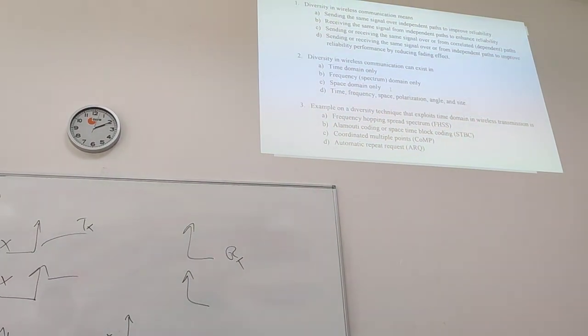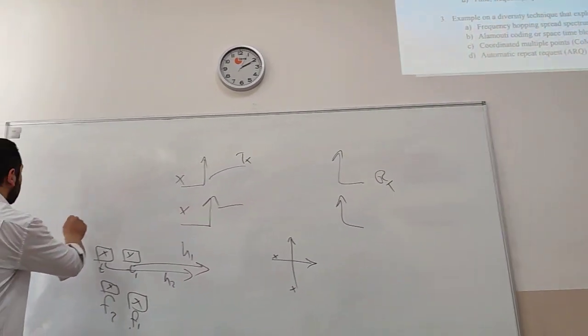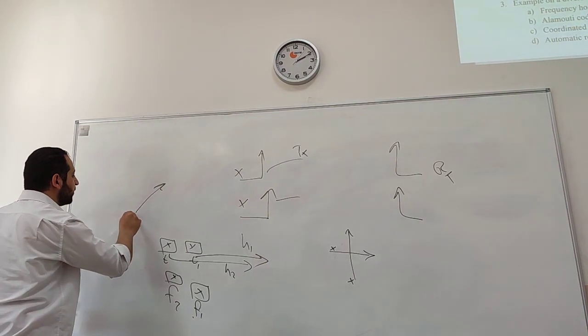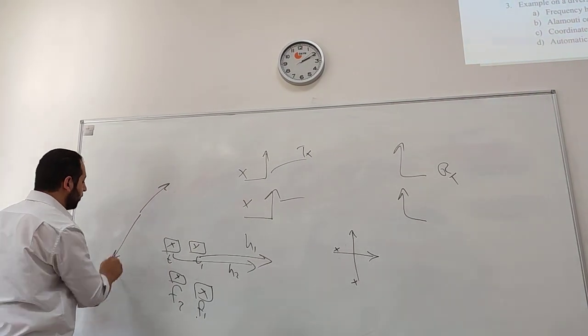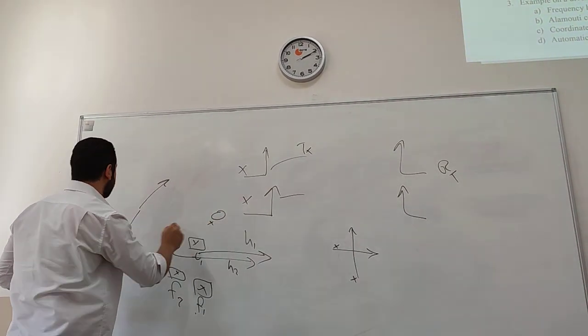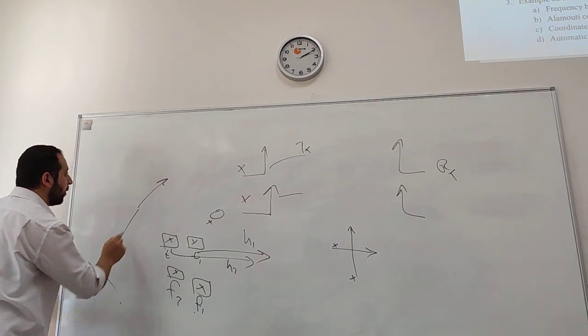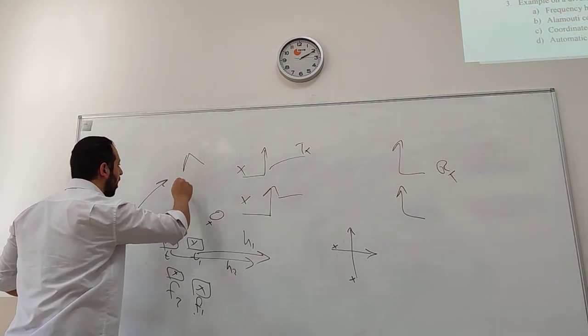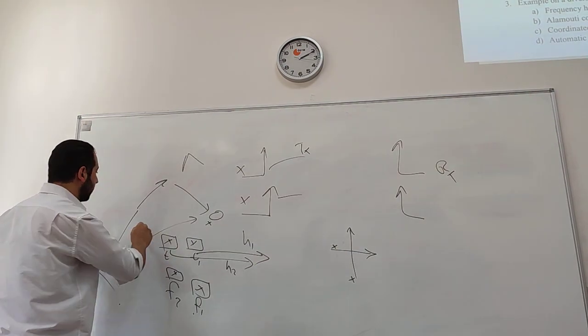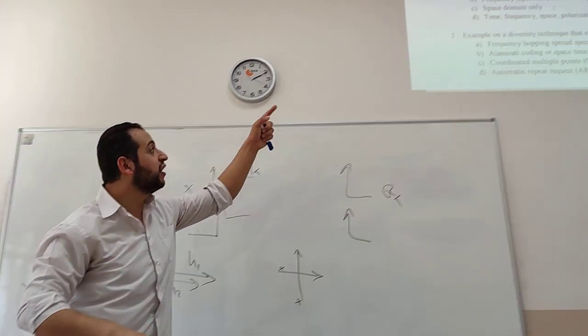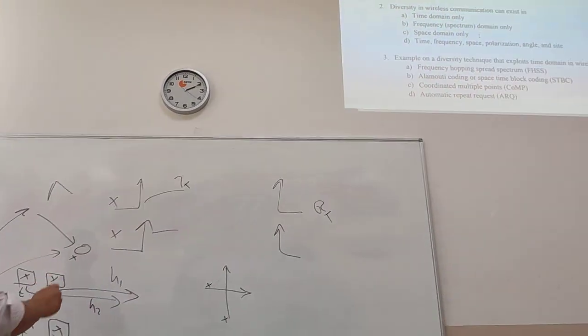And angle, you can send the same signal from this angle and the same signal from a different angle, and due to reflection, they can reach the receiver. This hits maybe a building or mountain, and this hits a tree or car, and gets reflected here, but you are changing the angle.